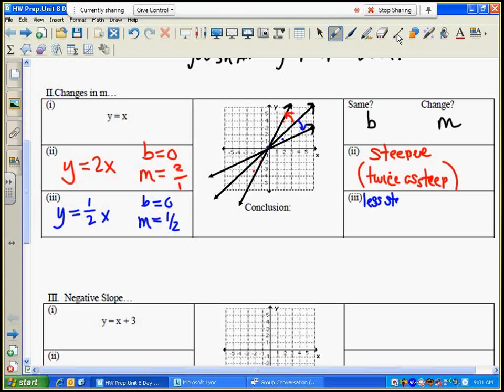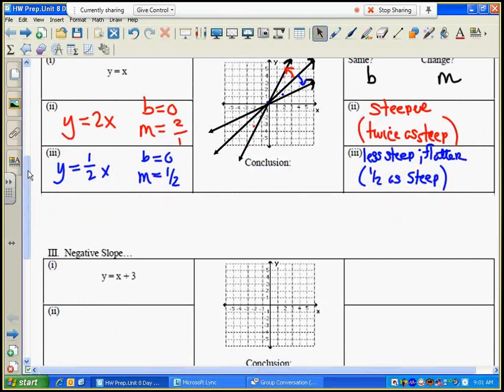or flatter. You're going to hear me talk about the absolute value of these slopes. The absolute value is basically how far a number is from 0. If the absolute value of a slope is less than another one, that's going to be flatter. In other words, if that number is closer to 0, you're going to get a flatter line. Okay? Conclusion.